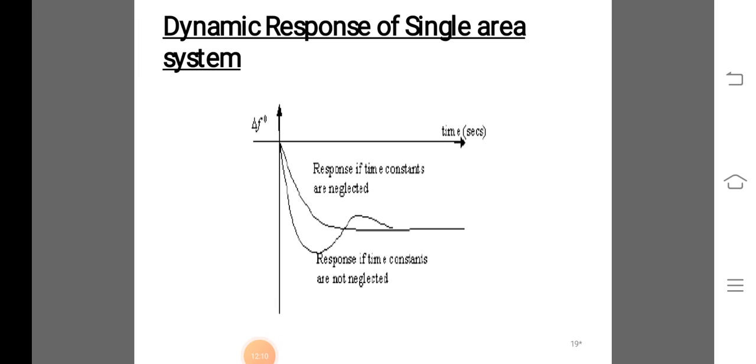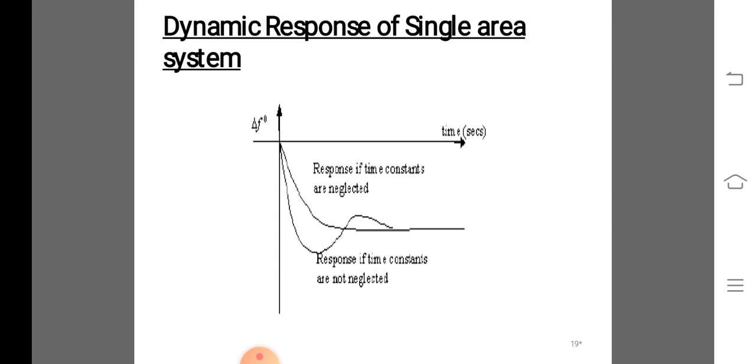Also assume that the load does not change with frequency, D1 equal to D2 equal to D equal to 0. The frequency of the damped oscillation is given by, since H and f0 are constant, the frequency of oscillation depends upon the regulation parameter R. A low R gives high K and high damping and vice versa.